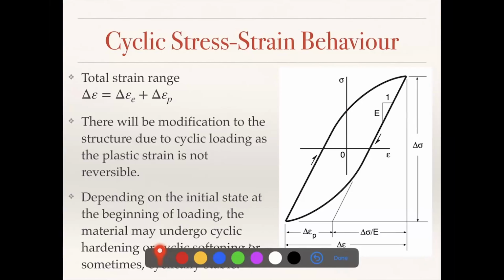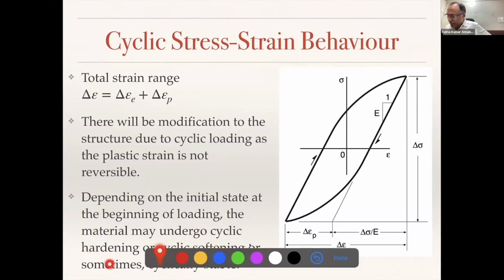After some time, if you continue to repeat, this curve will not follow the same path. But after several cycles, it saturates. We will see that in the coming slides. The curve here is only for one cycle, right? If I have drawn for one cycle, or you can assume that it is drawn after reaching saturation. Okay, got it, sir.